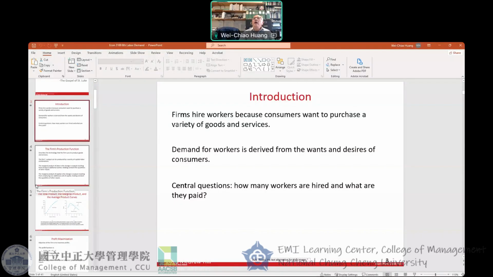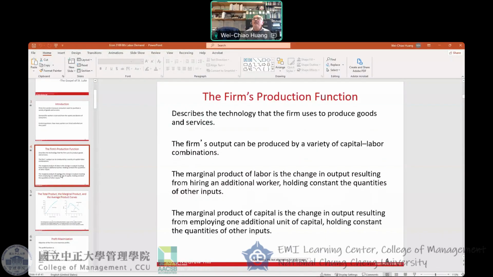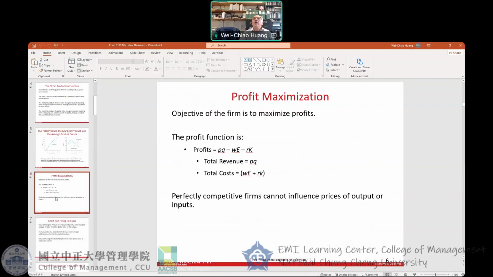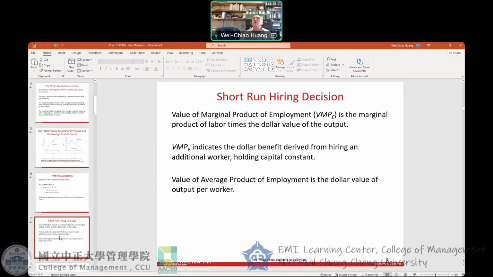We have in class talked about the introduction and the firm's production function as a preparation. We got the total product, average product, and marginal product curves. And we talked about profit maximization, which is to maximize profit, the difference between total revenue and total cost.